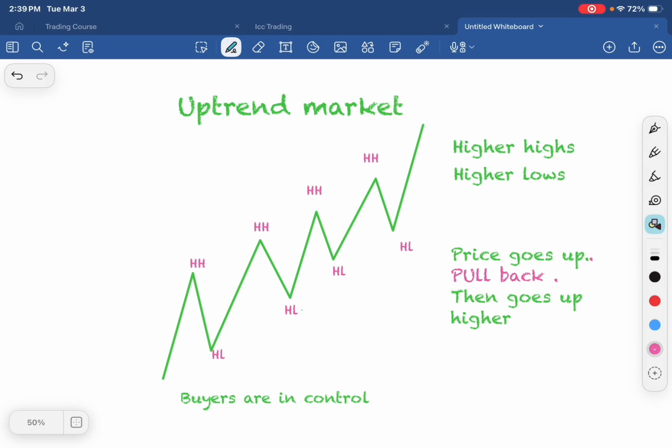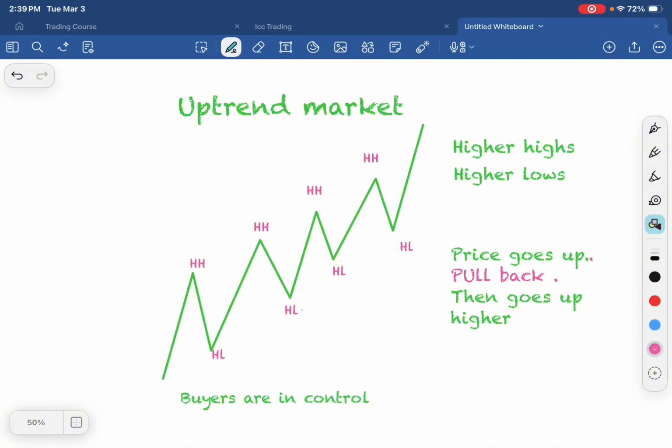Then it goes up and creates a higher high because this high is higher than the previous high. Then it pulls back down and creates another higher low, and then a higher high, and a higher low again.